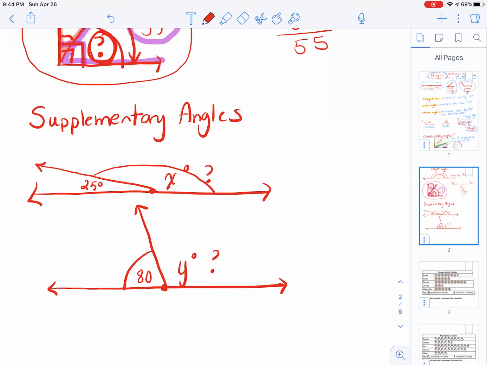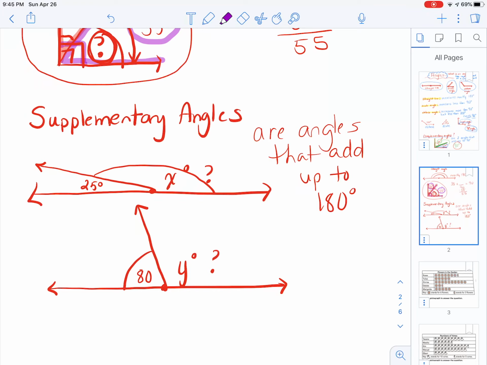Supplementary angles are angles that add up to 180 degrees. So if I highlighted, we know that the whole straight line is 180 degrees.